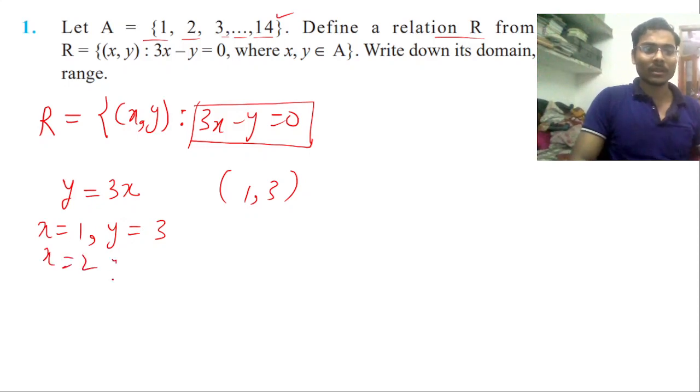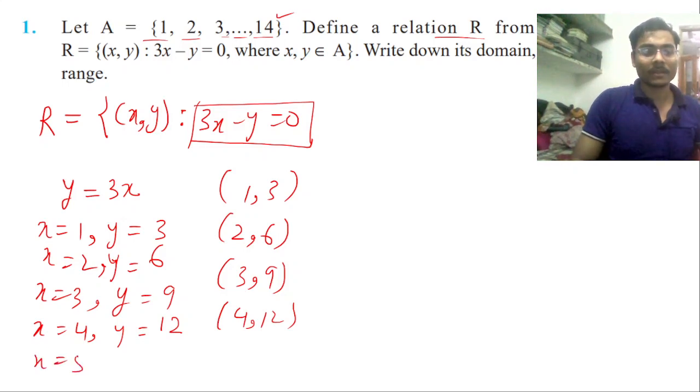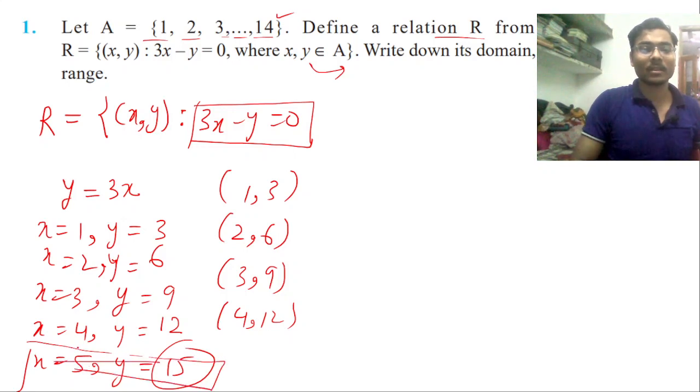For x equal to 2, we get y equal to 6, so we get (2, 6). If x is equal to 3, we get y equal to 9, so we get (3, 9). If we put x equal to 4, we find y equal to 12, so (4, 12). If we put x equal to 5, we get y equal to 15, which is not present in set A. Y is not present in A, so this will not be included in the set.